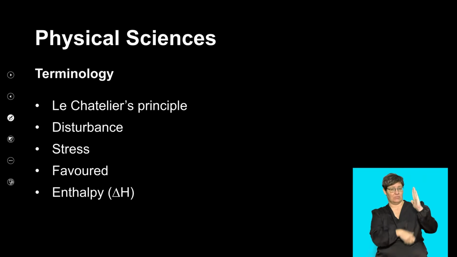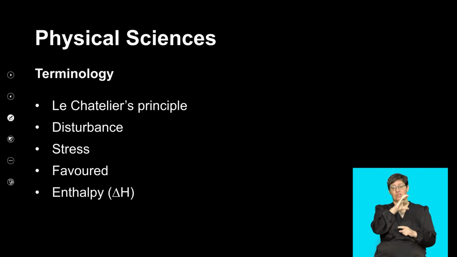The terminology is Le Chatelier's principle, which we will shortly define. We're going to talk a lot about disturbance, or sometimes we will refer to this disturbance as the stress, seeing that the stress is what's going to happen at equilibrium after equilibrium has been reached. And then we're going to talk a lot about the word favored.